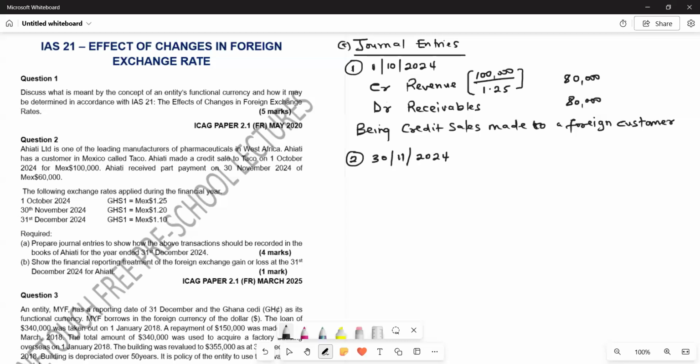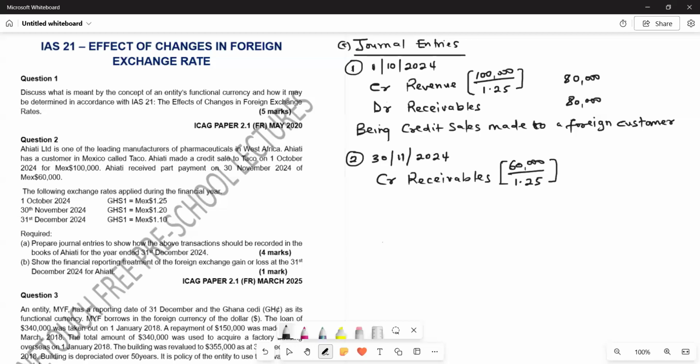So if there was no movement, we would have credited our receivables with 60,000 divided by 1.25. But because of the movement, we are receiving the same 60,000 Mexican dollars, but when we convert, we will not get the same amount that we would have gotten at 1.25.